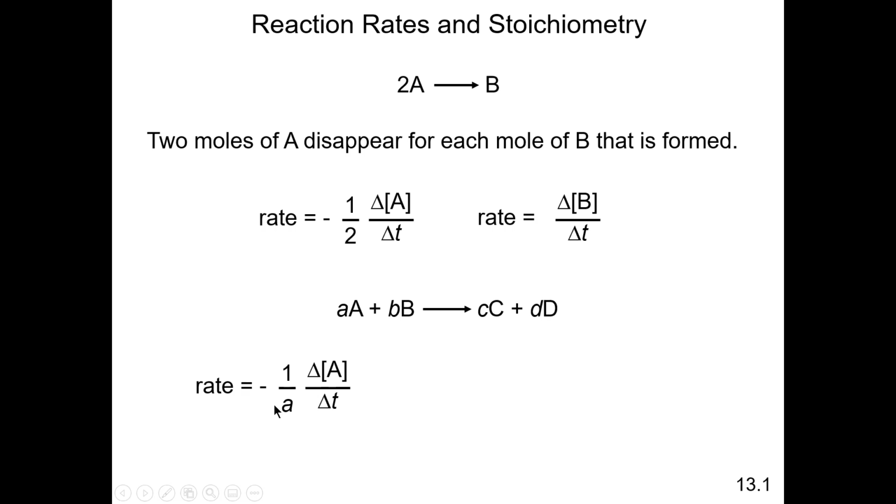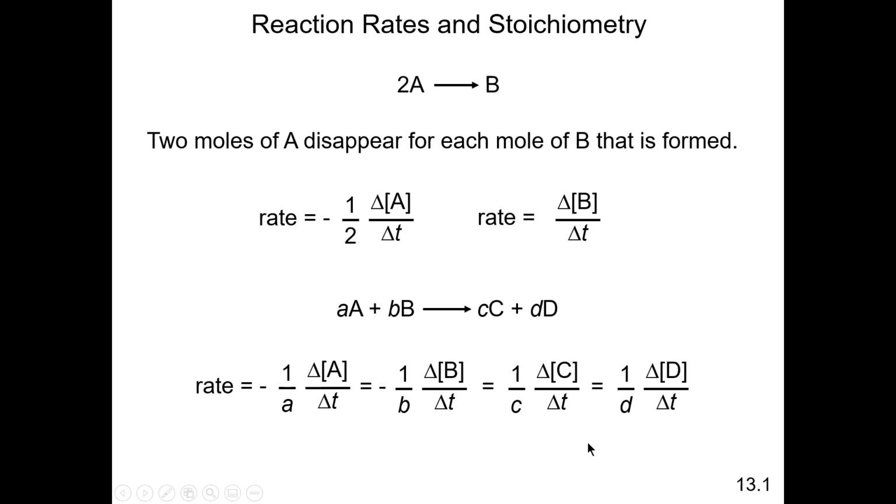So the rate of change of A, or the rate of the reaction, I should say, would be equal to minus 1 over a, lowercase a, which is the coefficient of A, uppercase A in this reaction, times the rate of change of A, equals minus 1 over b times the rate of change of B, equals 1 over c times the rate of change of C, equals 1 over d times the rate of change of D. All right, so for any chemical equation, once you get it balanced, then you can write down the rate of the reaction with respect to each reactant and relate one to the other based on the stoichiometry of the reaction.